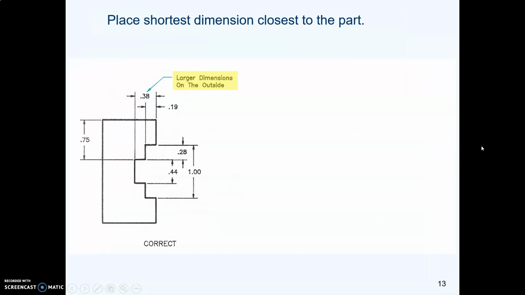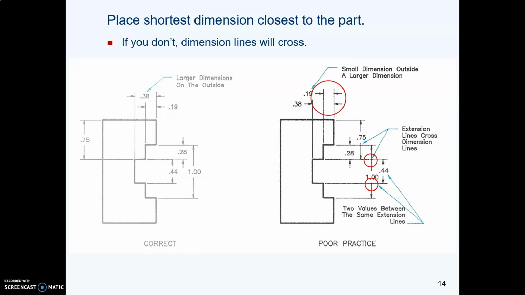The way to avoid crossing dimensions is always to do it this way. Put the shortest dimension close to the part, put the biggest dimension away from the part. If you do that, you will not have crossing dimension lines and all will be well.